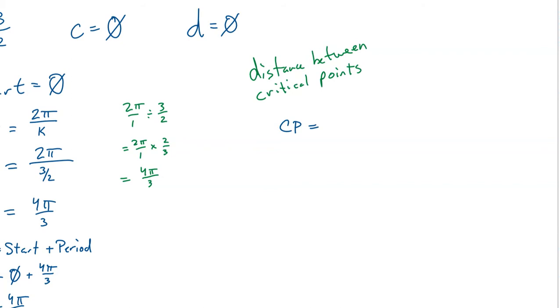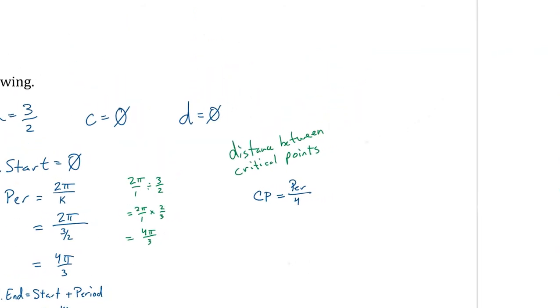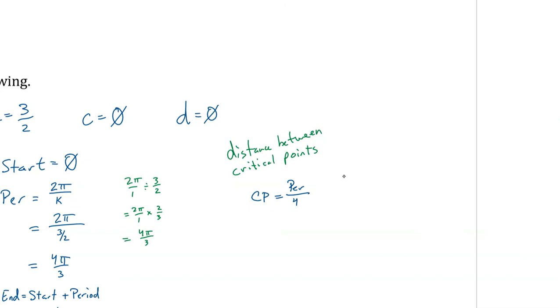So how do I do that? You take your period and divide it by 4. Why 4? Because when I divide the entire period by 4, there's 5 points, but the first one doesn't really count, because that's where you're starting.